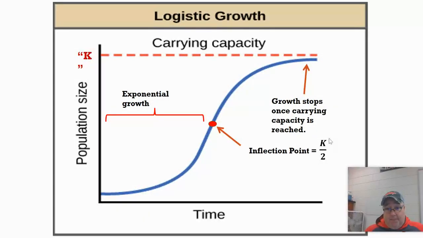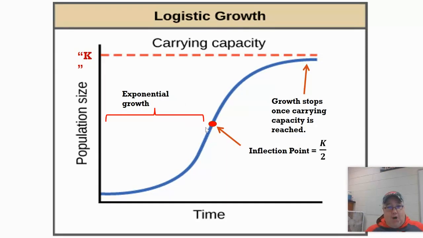Now, the inflection point, we can actually calculate it. It's K divided by 2. Remember, K is the carrying capacity. All right, so let's just say that your carrying capacity is, I don't know, 500 or something, okay? So there's 500 fish that can live in a pond.